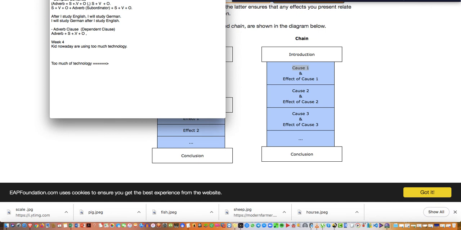So what are the effects? I have to explain, for example, autism. It can cause the kid to become autistic. And then I will explain in detail with the supporting sentence what I mean by kids becoming autistic when they are using too much technology.